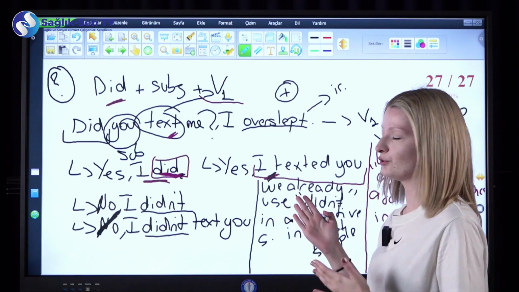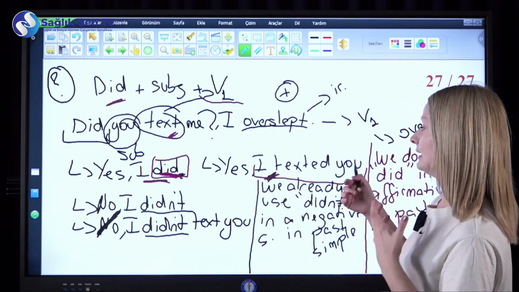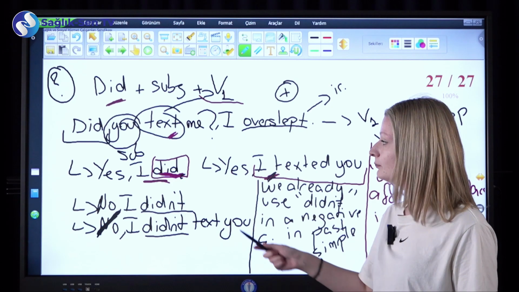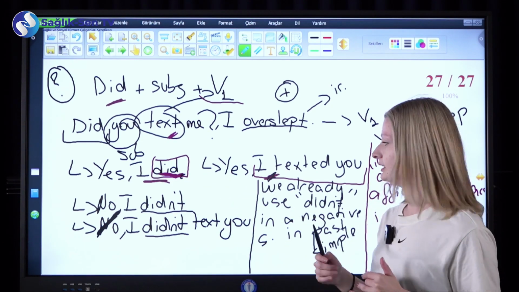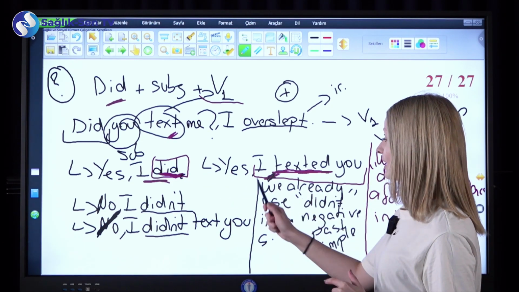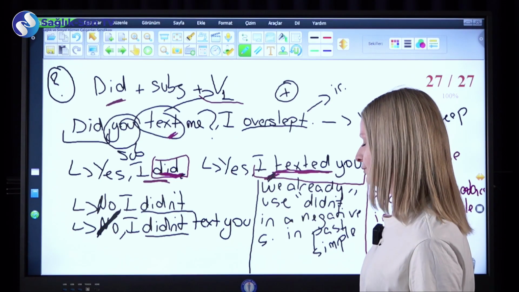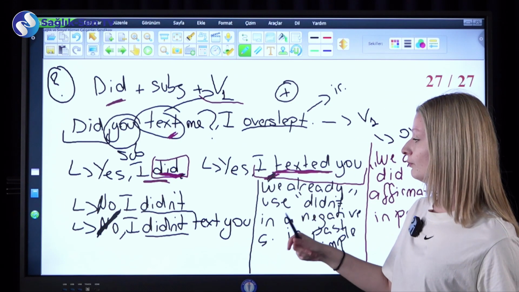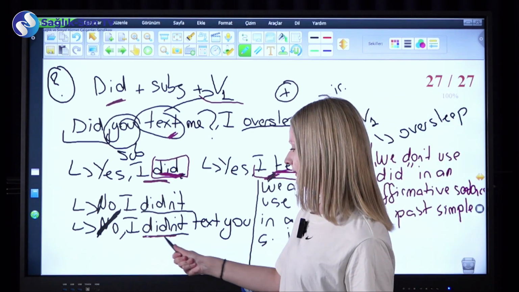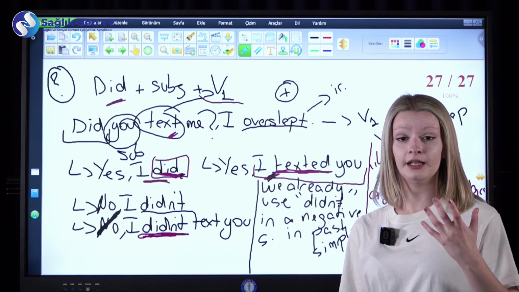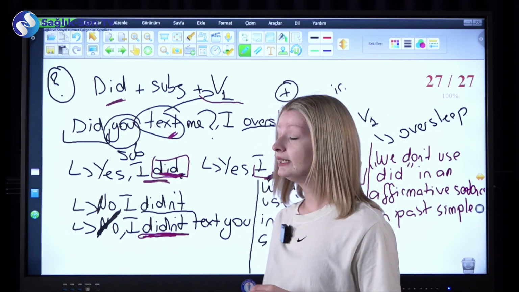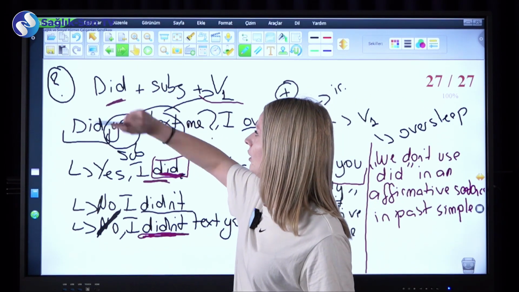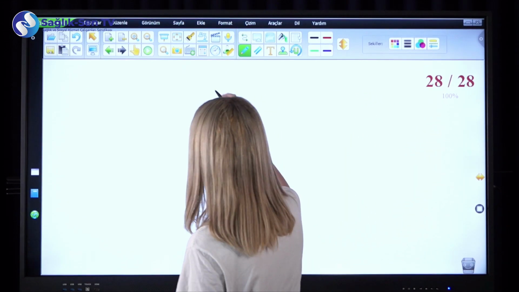It is a meaningful sentence. In an affirmative sentence in past simple, we don't use did. We only transform our verb into a verb 2 form. But in the negative answers, we already use didn't in a negative sentence. That's why we didn't omit it.